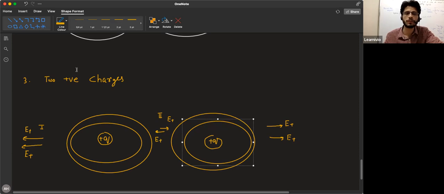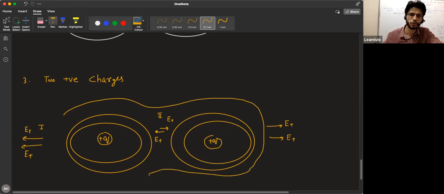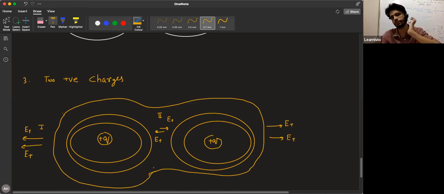Region 2, surfaces are far apart, so the field is weak. And then we can draw a single equipotential surface for both the charges also. This is what we can draw also.